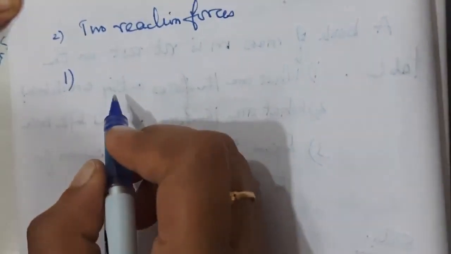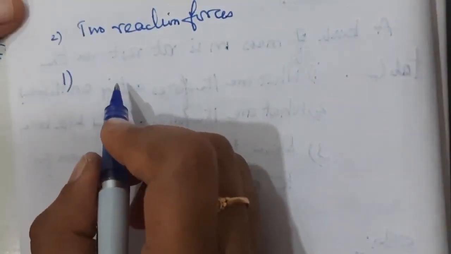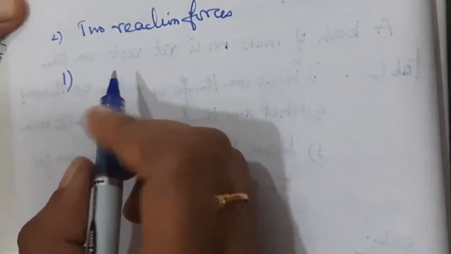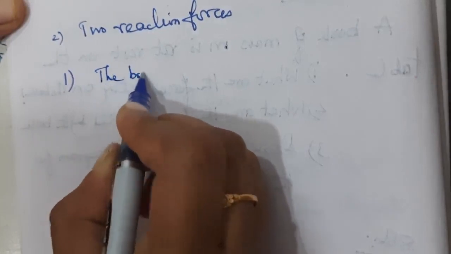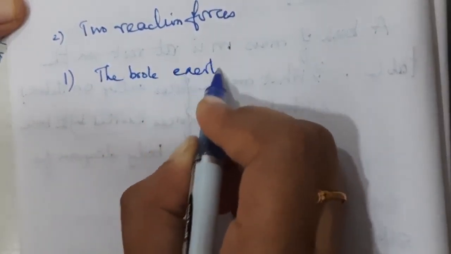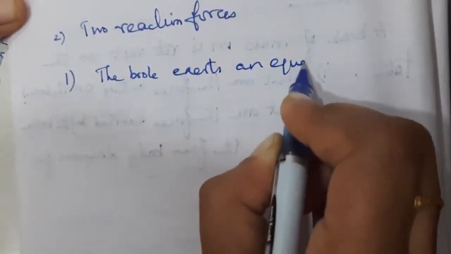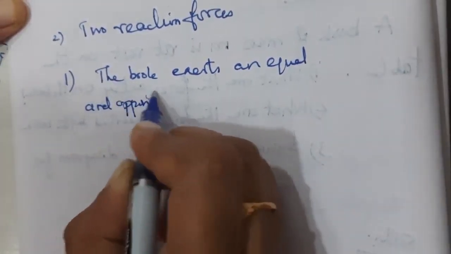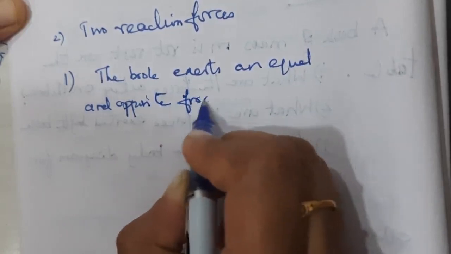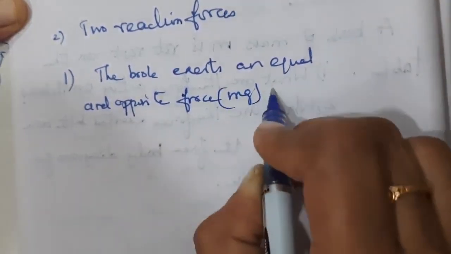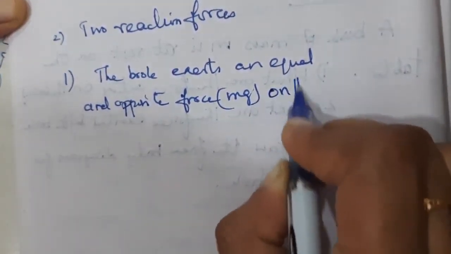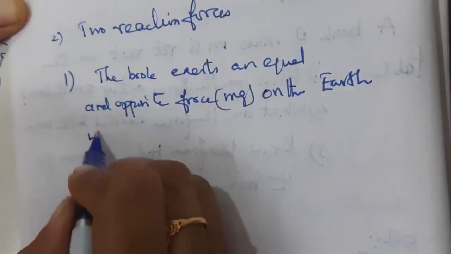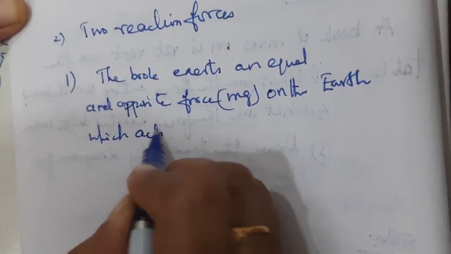One is, the book exerts an equal and opposite force on the earth which acts upwards. The book exerts an equal and opposite force, which is mg, on the earth, which acts upwards.